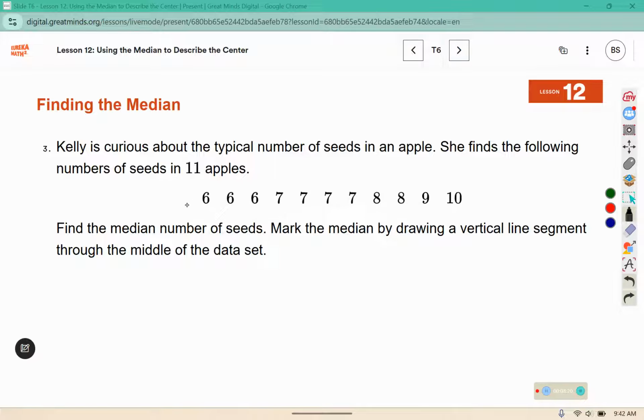How about putting 5 on each side? Then the middle number would be that 7. We could cross off 5 from each side, and we would see that the middle lands us at that center 7.